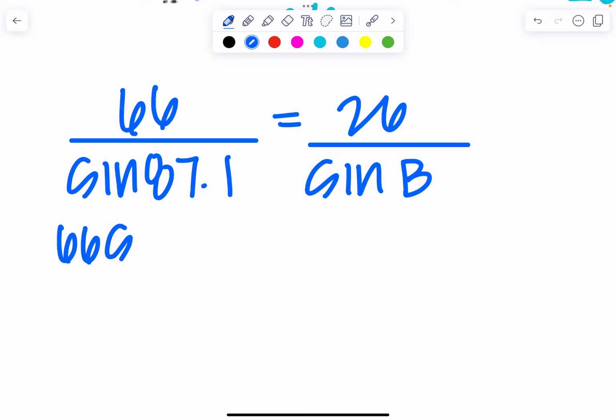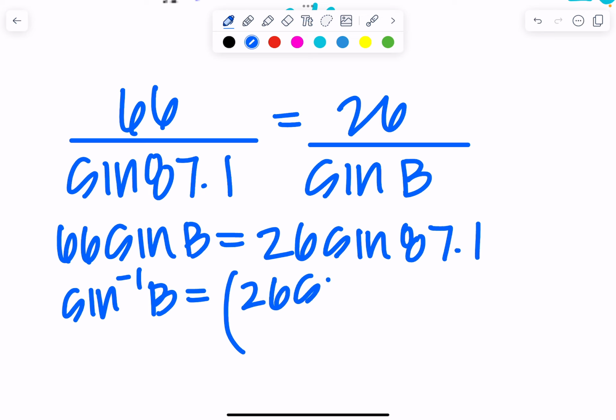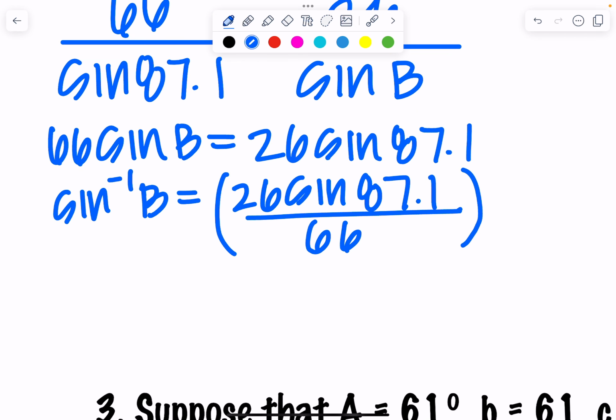So 66 sine B, cross multiply, 26 sine 87.1. So in our calculator, we're going to use your inverse sine, divide. So 26 sine 87.1 divided by 66 is what we should be typing in the calculator.